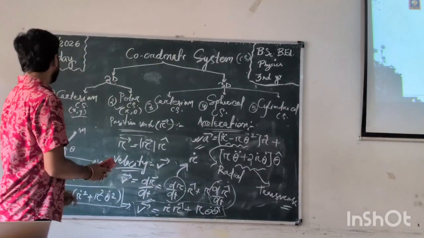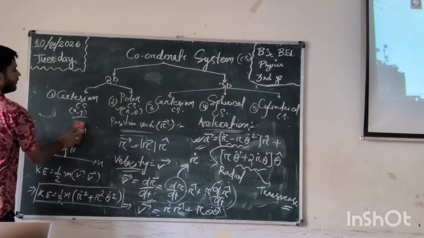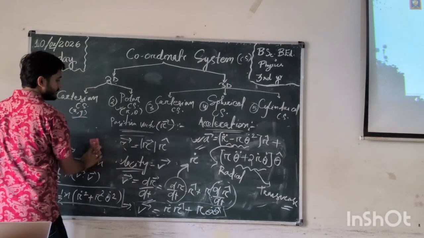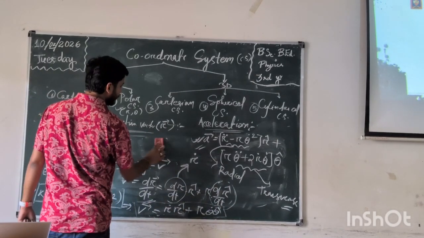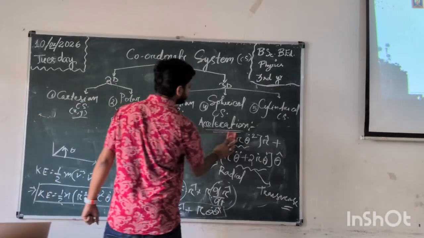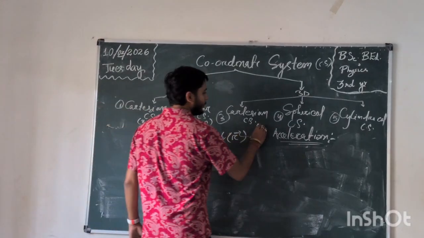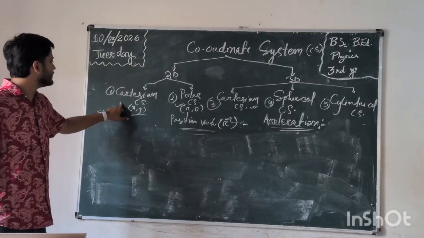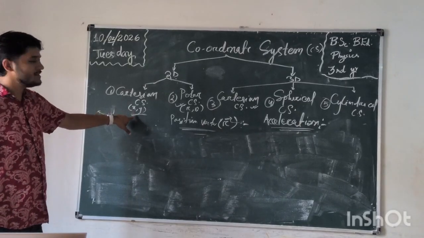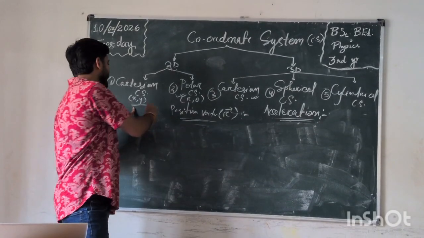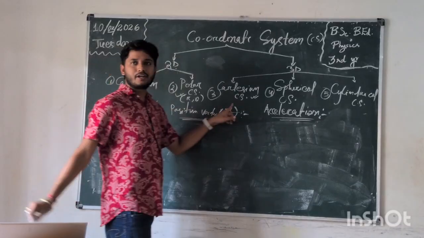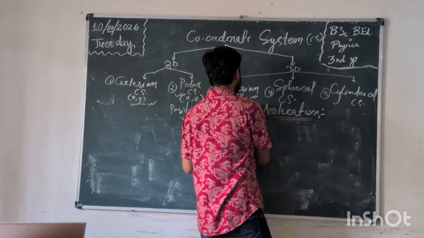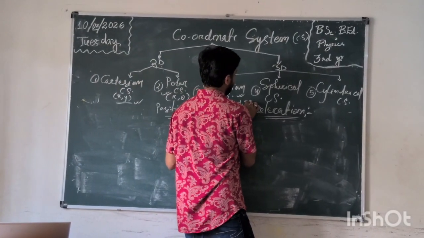Next we are going to discuss the Cartesian coordinate system in 3D. As you know, in 2D the Cartesian coordinates are x and y. In 3D, x, y, z.